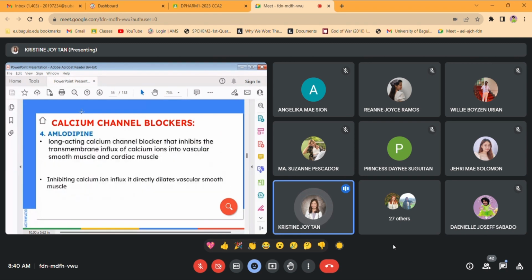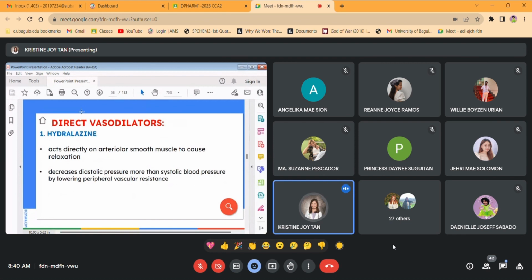So, the beta blockers are easier to memorize because they have similar names. So, direct vasodilators naman tayo. So, when you say direct vasodilator, it will cause vasodilation directly on the blood vessel, or the blood vessel of the muscle. So here you have your hydralazine.